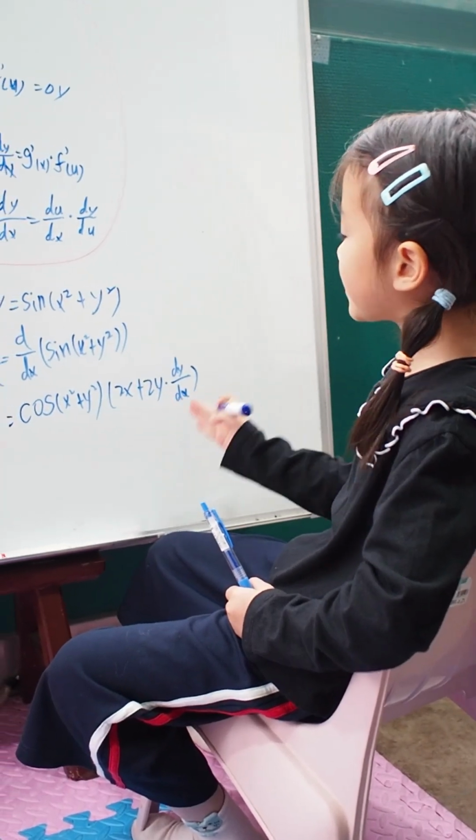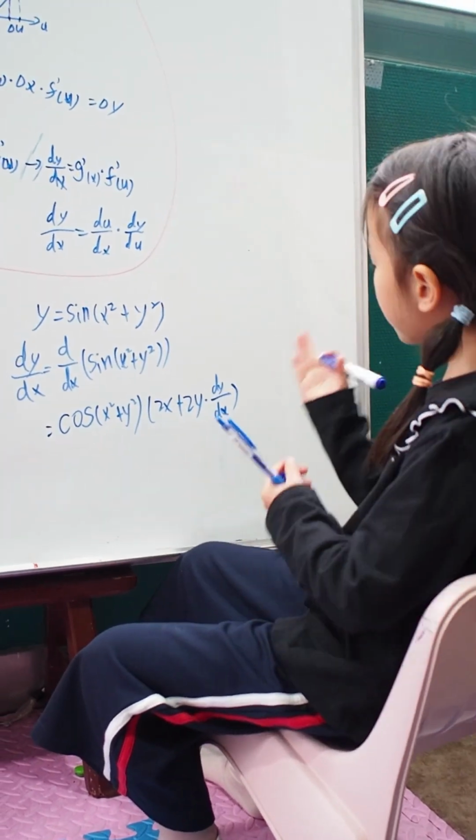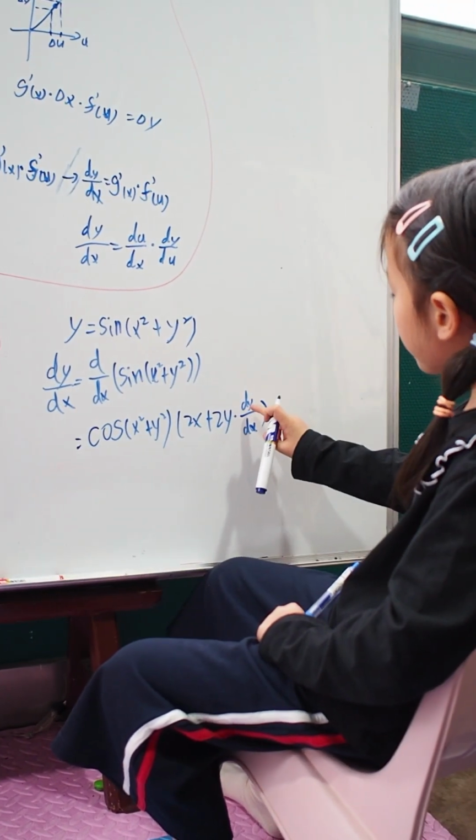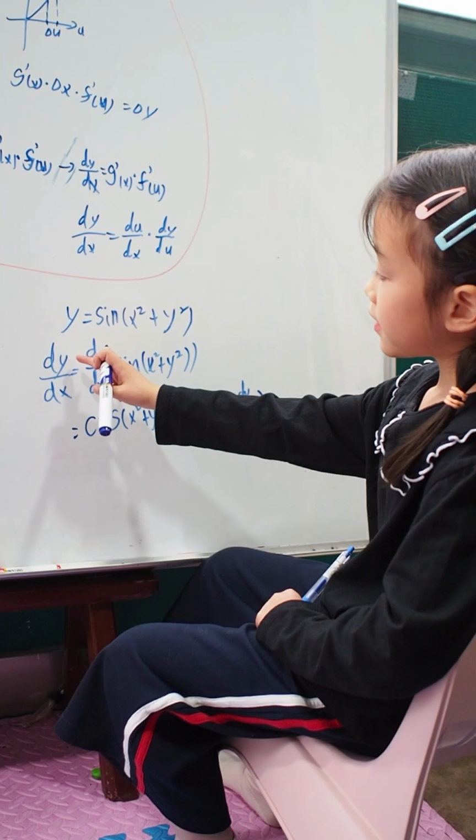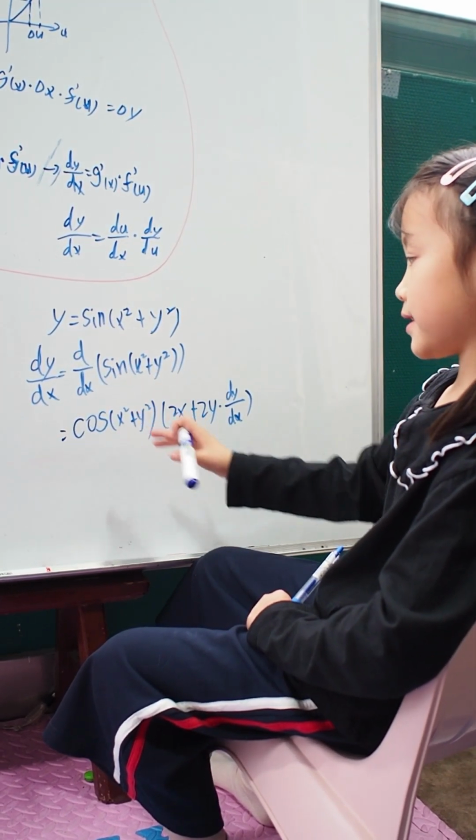Sorry, the 2y is the second slope. Then someone will ask, dy over dx, and this is dy over dx.